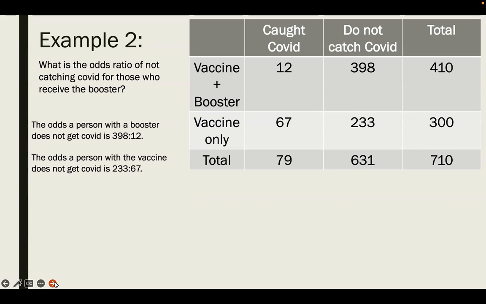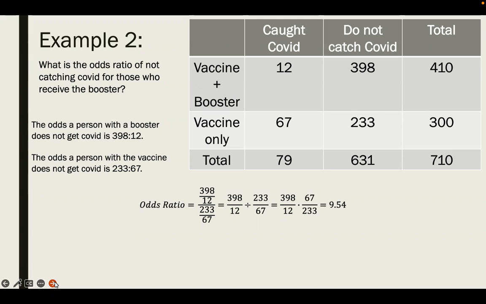Okay, well, the odds ratio is comparing the two of these. So now we're putting the odds 398 over 12 all over 233 over 67. Again, we turn this to a horizontal division problem, so we can multiply by the reciprocal. And 398 over 12 times 67 over 233 gives us an odds ratio of 9.54.